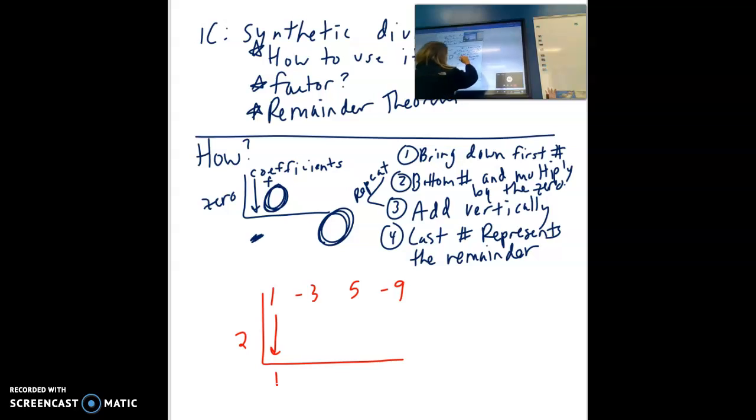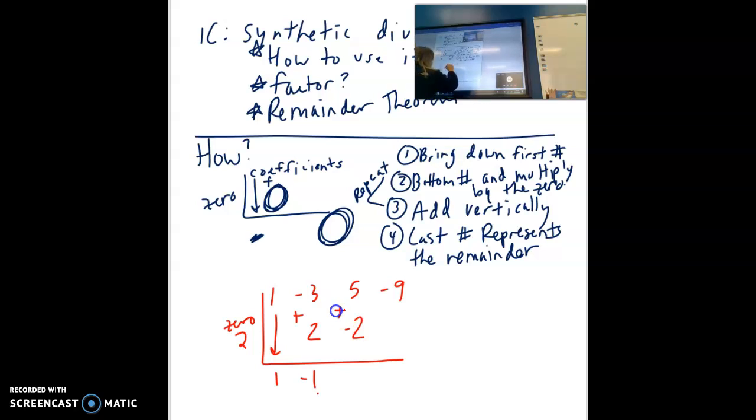Now, the next step says to multiply the bottom number by the 0. So the bottom number is 1, and again, my 0 is 2. So I'm going to do 1 times 2, which is 2, and then I add it vertically, so negative 3 plus 2. Now I take my new number of negative 1, and I multiply negative 1 by 2, which gives me negative 2.